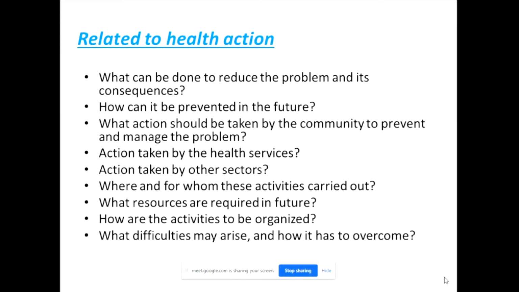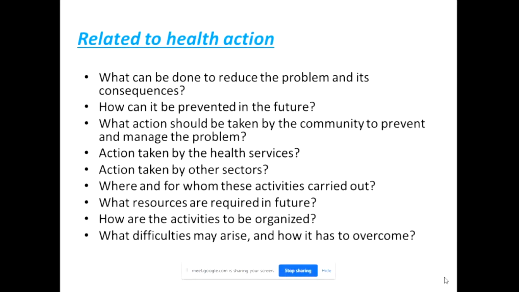You have to think about how to reduce the disease, how to prevent it in the future. So is it all your responsibility? No, the community, the people that you are doing your research on, also have a part in this process. They have a level of responsibility also.